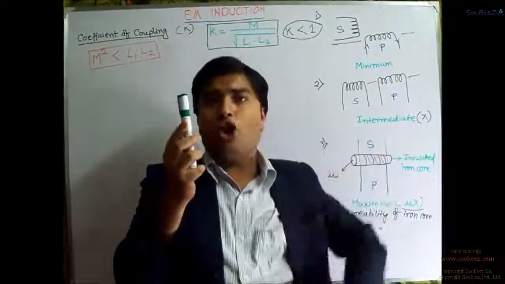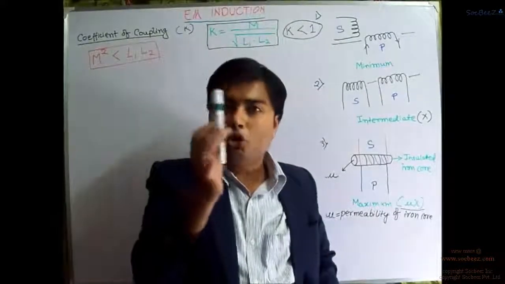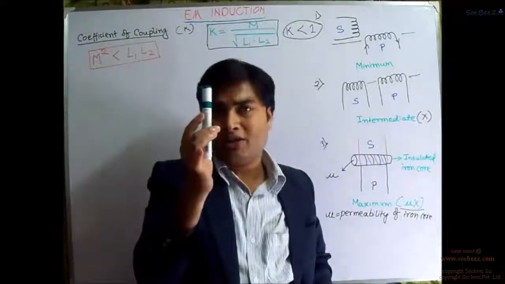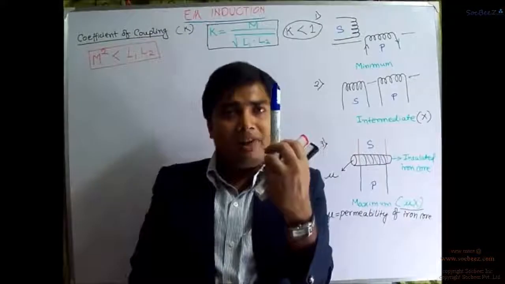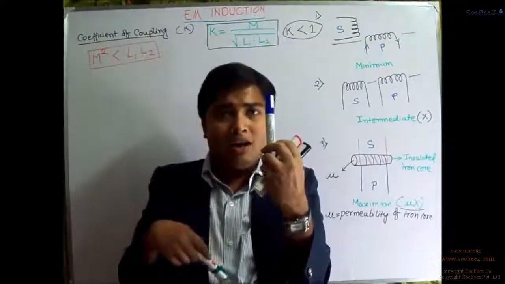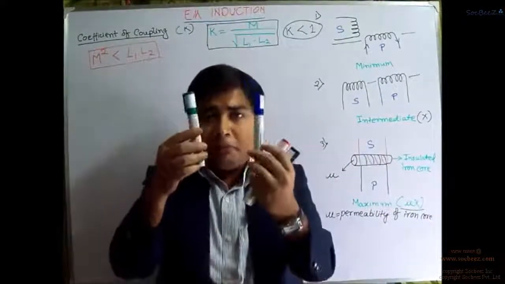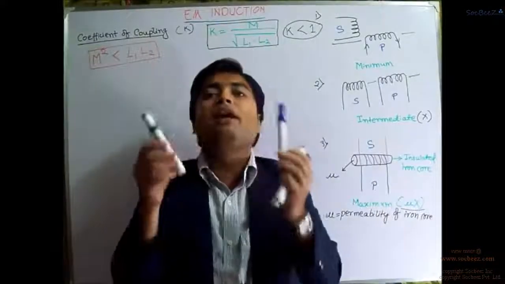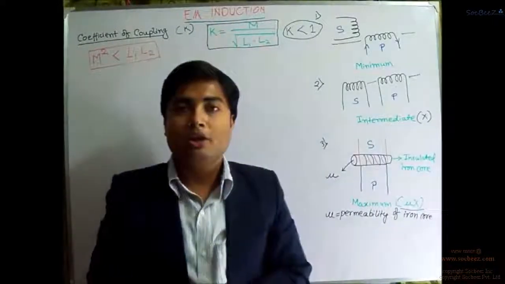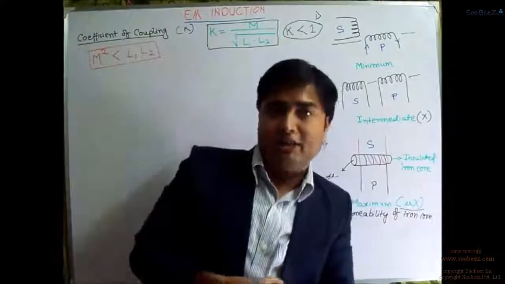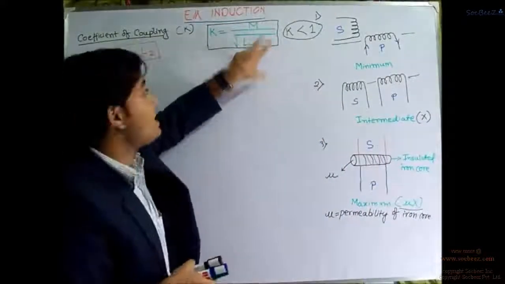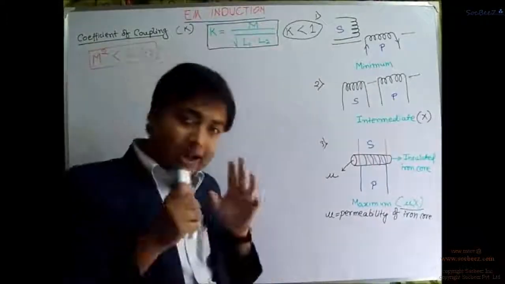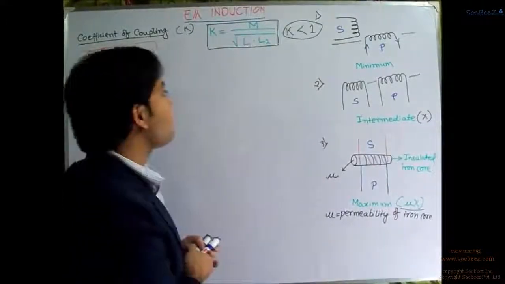If this coil is not there, there will be a self-induction on this coil, and again a self-induction on the other coil, and if they are kept together, there will be a mutual induction between these two coils. So in mutual induction, both the self-induction as well as the mutual induction take place, right?